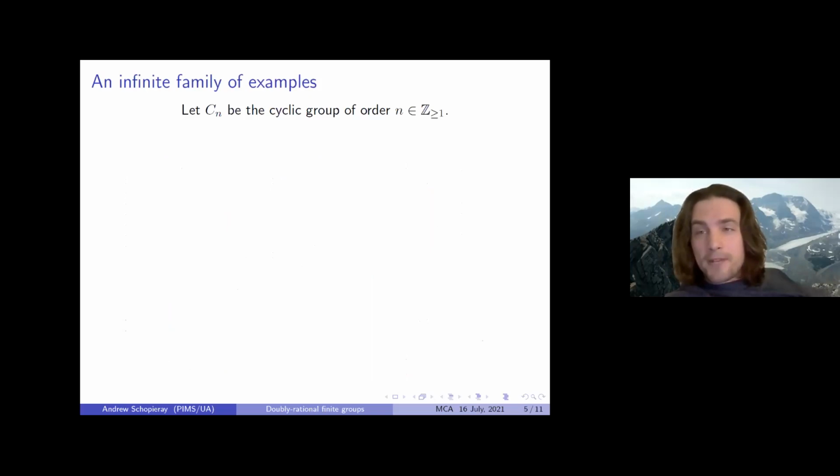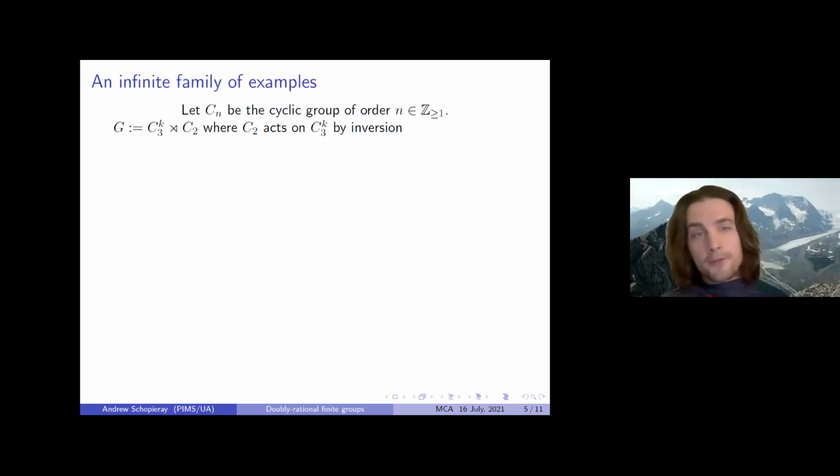So for an infinite family of examples, I'll denote the cyclic group of order n by Cn. Since we're only allowed the primes 2 and 3, an obvious way of constructing these groups might be to take cyclic groups of order 2 and cyclic groups of order 3 and have them act on each other in various ways and see if the result is one of these groups.